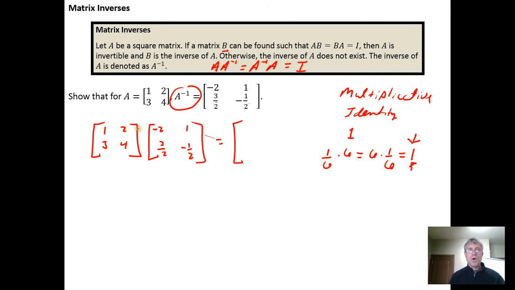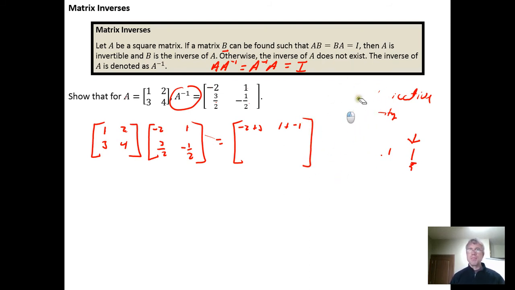We take row 1 and dot it with column 1, so we get 1 times -2 is -2, plus 2 times 3/2 is 3. In the next position we get 1 times 1 is 1, plus 2 times -1/2, which is -1. Then we go row 2 dotted with column 1.